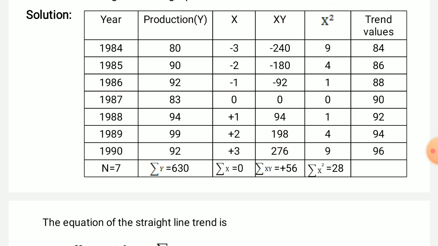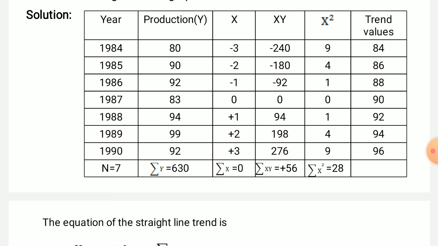And x into y is equal to xy: minus 3 into 80 is minus 240, minus 2 into 90 is minus 180, minus 1 into 92 is minus 92, 0 into 83 is 0, 1 into 94 is 94, 2 into 99 is 198, 3 into 92 is 276.